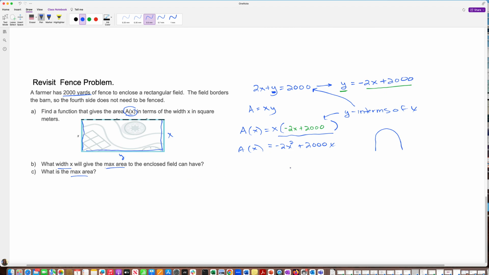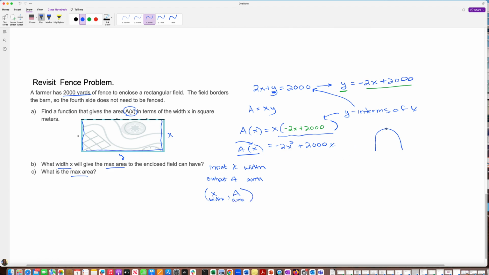So think about it. Let's talk input and output. We've got our function. What is the input? The input is x, which we know we're calling the width, right? So the input is x, which is the width, and the output is area, A. So every point is x, which is the width, and A, which is the area.